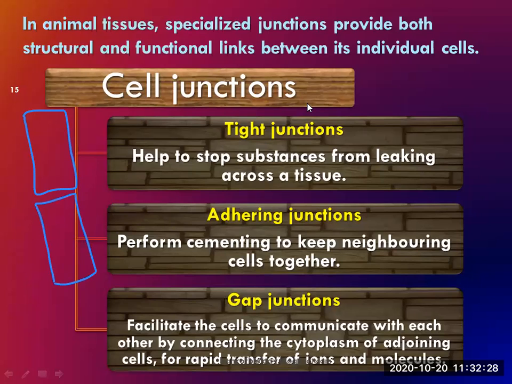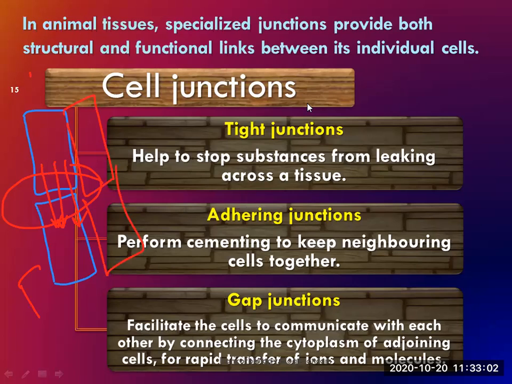One cardiac muscle fiber is connected to another cardiac muscle fiber with the help of gap junctions, because the cardiac muscle fibers need to work collectively. So we say this is a functional syncytium.